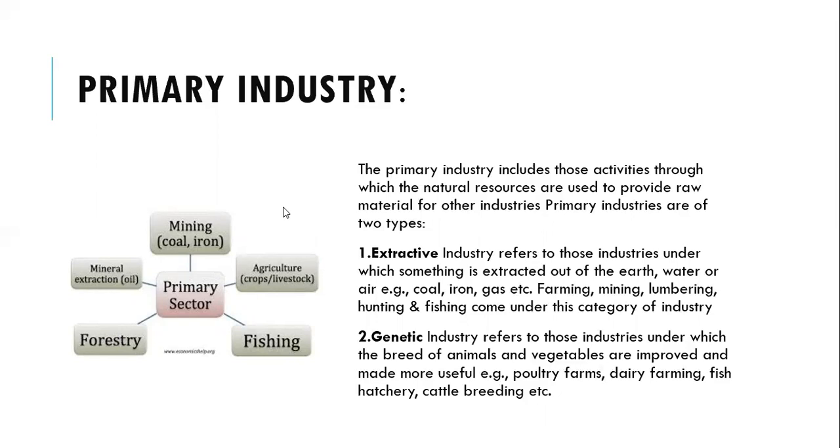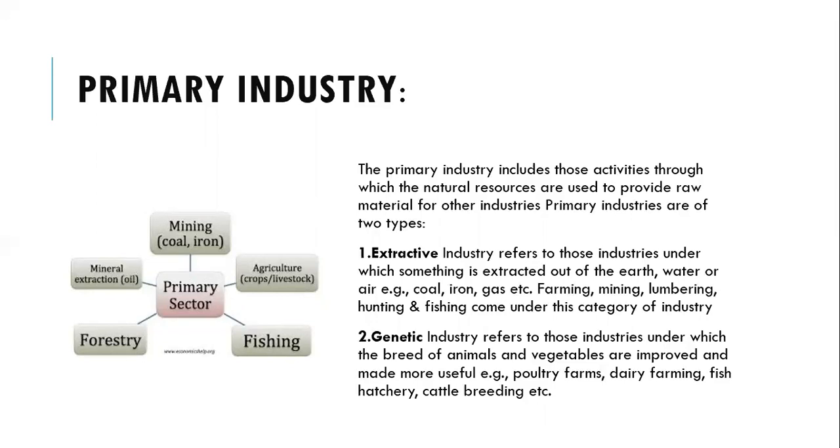So this is what primary industries are, and other examples are mining, mineral extraction, forestry, fishing. All these are primary industries. Now talking about classes, these are again of two types, extractive and genetic. Extractive industry refers to those industries under which something is extracted out of the earth, water or air. Examples are coal, iron, gas, right? Farming, mining, lumbering, hunting, fishing, all these are extractive industry.